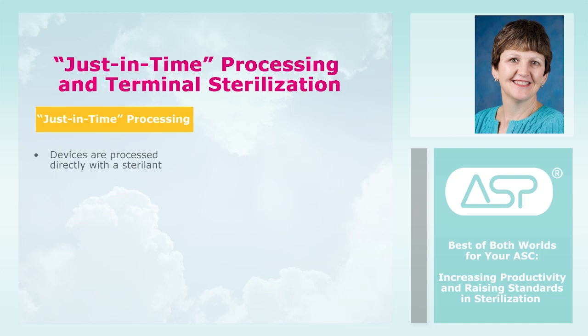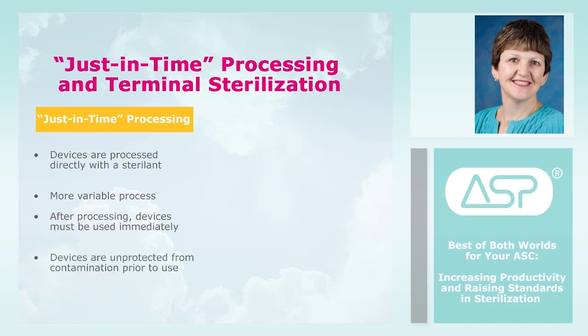Devices are processed directly with a liquid chemical sterilant and subsequently rinsed with extensively treated water. After processing, the system is opened and the wet device is removed and exposed to the ambient room environment. This exposure poses a risk for the device to become contaminated due to normal microflora found in non-sterile settings, thus minimizing the benefit of the chemical sterilant process.